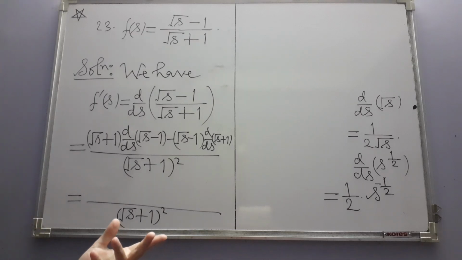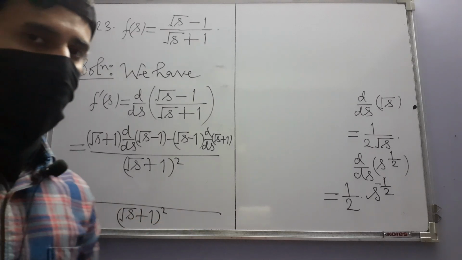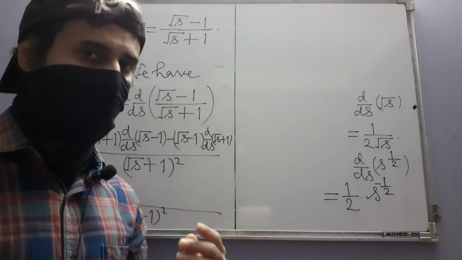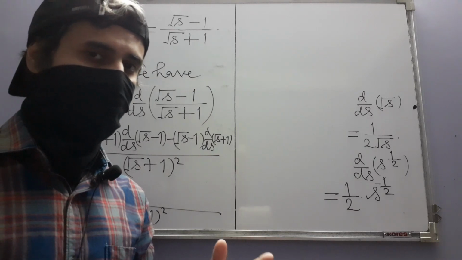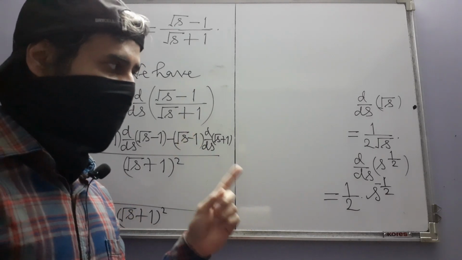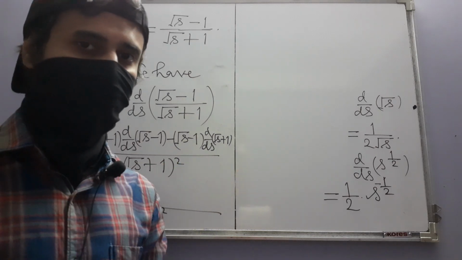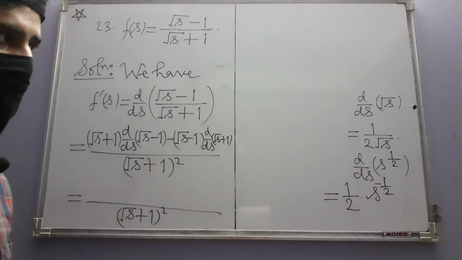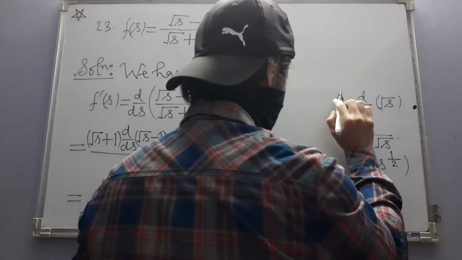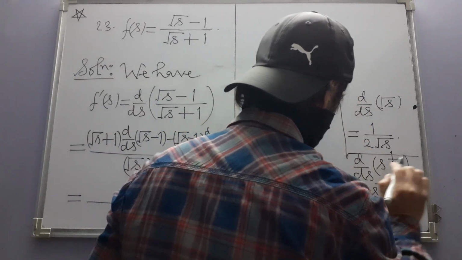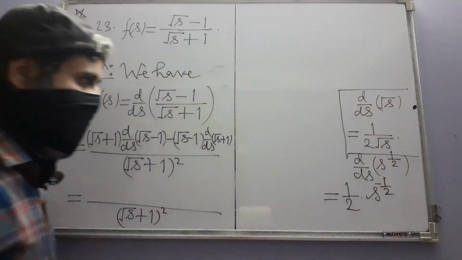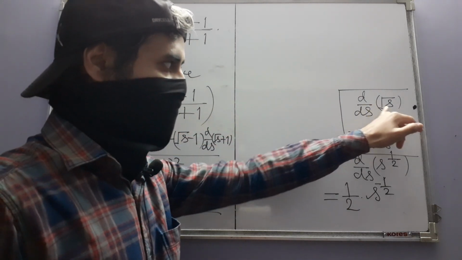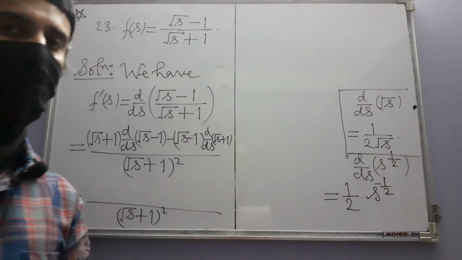Well, if you go back to that section where we defined the derivative and used the definition to calculate many derivatives and slopes of tangents, there you will see that we have in fact already found that if we differentiate root s with respect to s, then this is the answer.